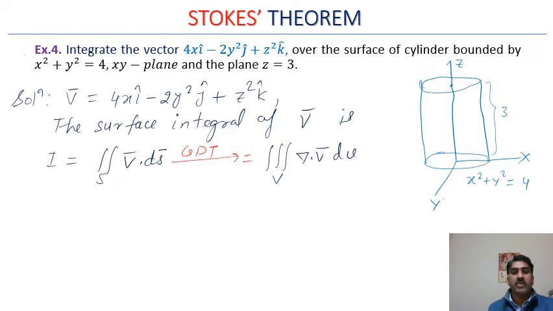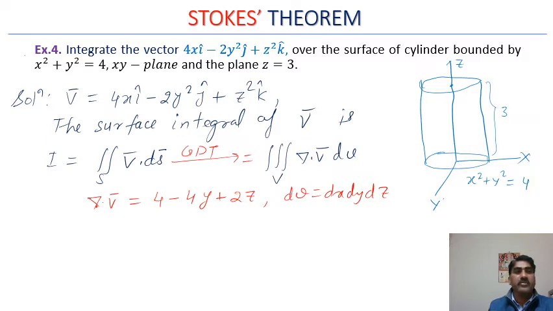What is del dot v? So del dot v is just 4 minus 4y plus 2z. This is our del dot v, and dv, you know, dv is dx dy dz. So just put these things in the integral.